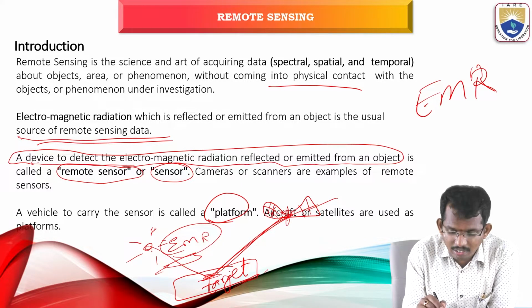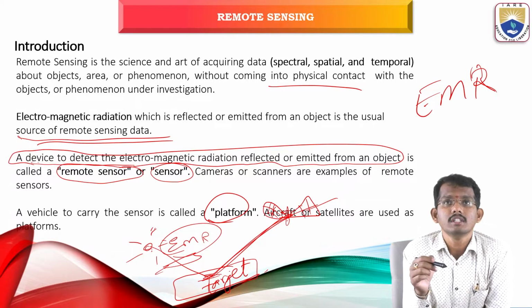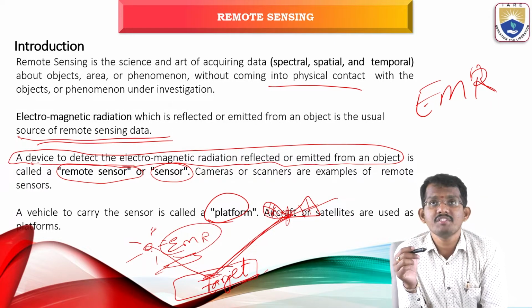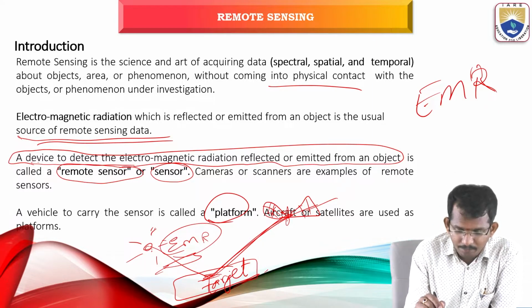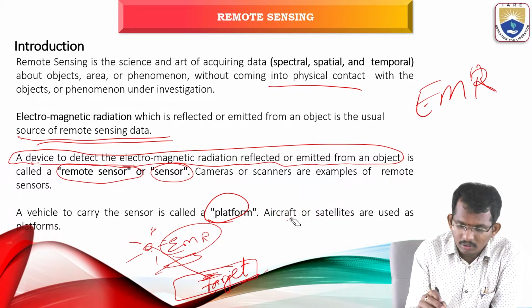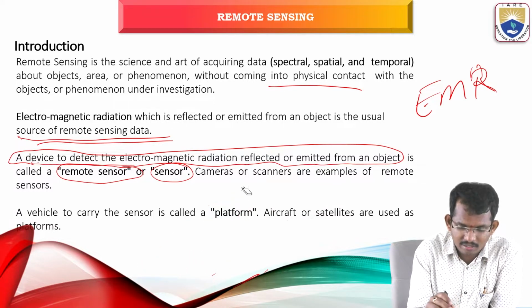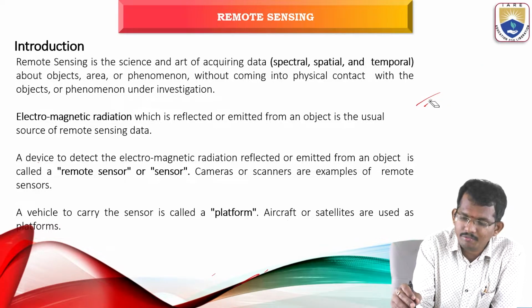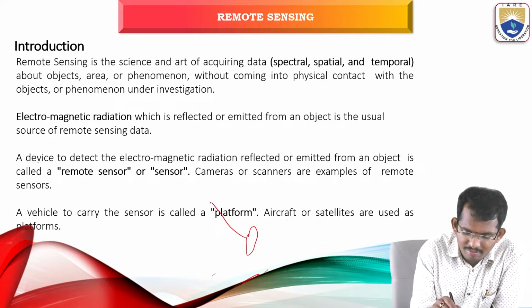Satellites have the sensors which can detect the energy emitted by the object. These sensors are carried by platforms like satellites. If you take an image of satellites, you can find wings like this.